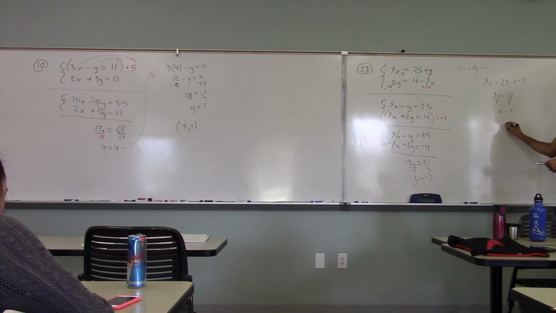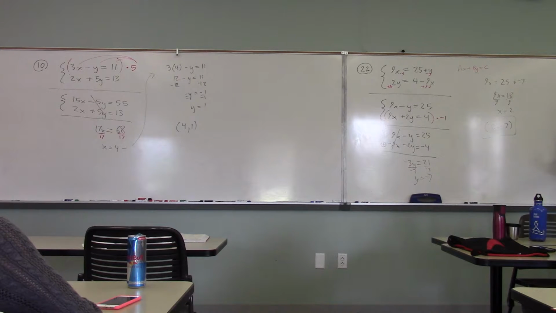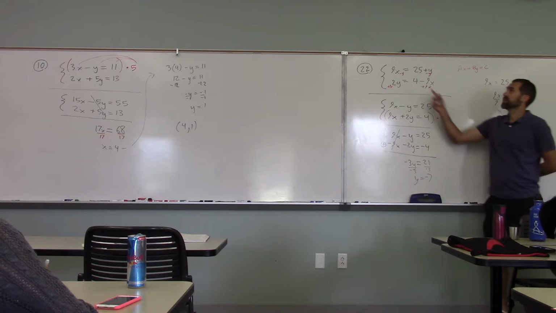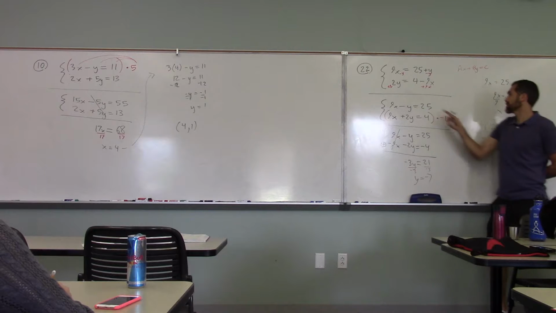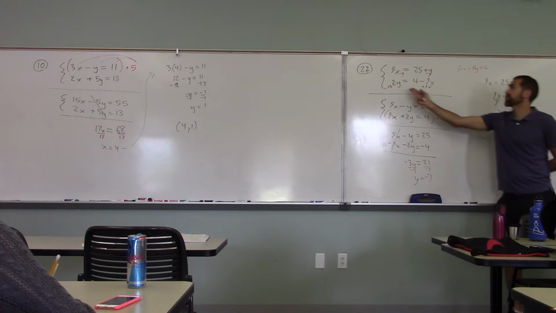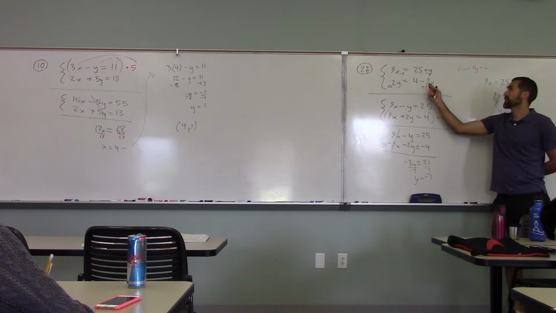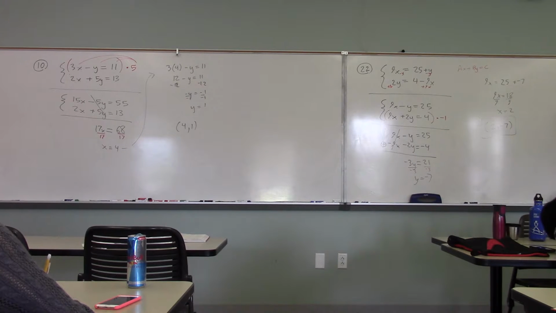Our point is (2, -7). So just speeding up those last few steps because they're the same every time. Again, we can plug this back in. Is 18 equal to 18? Yes. Is 2 times -7, so -14, equal to 4 minus 18? -14 equals -14. Check. Works in both. We're right.